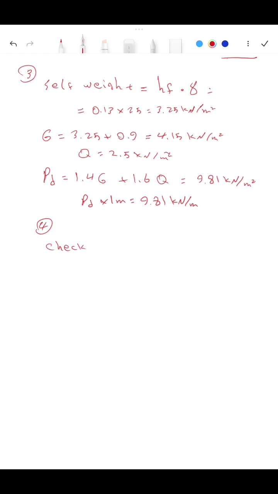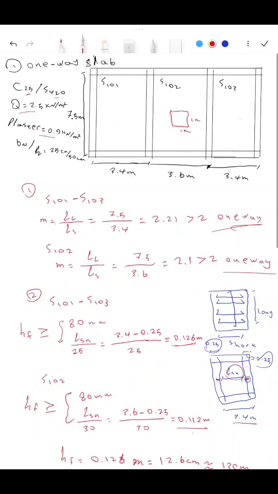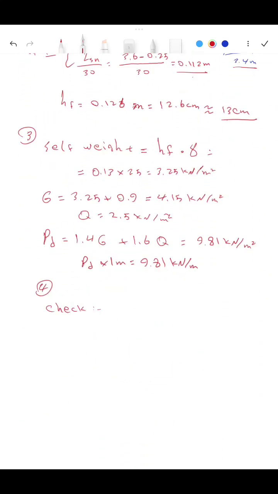Check one. What's the meaning of the first check? The maximum short length. These are the short lengths, so the maximum one of them is 3.6.